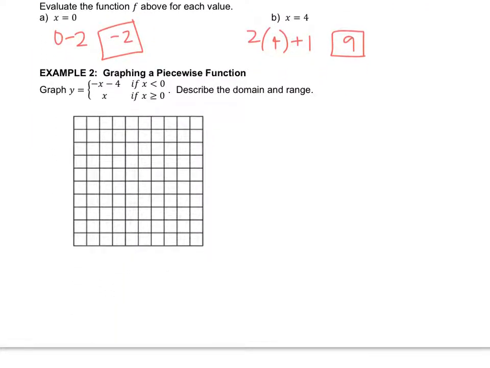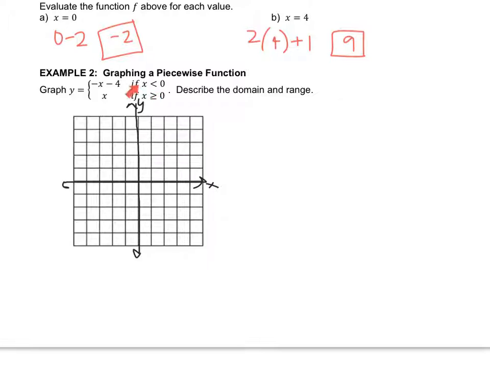All right, now let's talk about graphing a piecewise function, because that has a couple of steps involved. The first thing is the same thing that you always do. You make your xy axes. Then what you do is you look at where the graph starts to split, and that's going to be the numbers over here in this domain category.